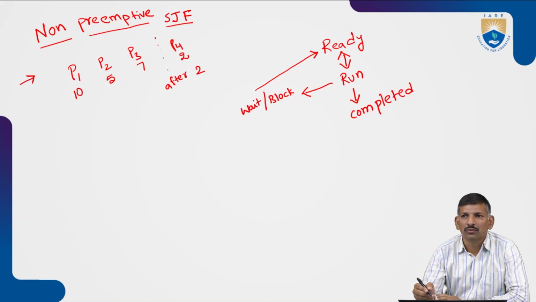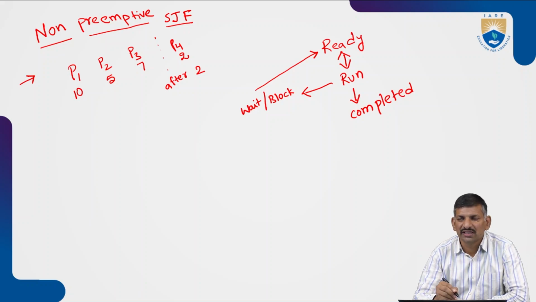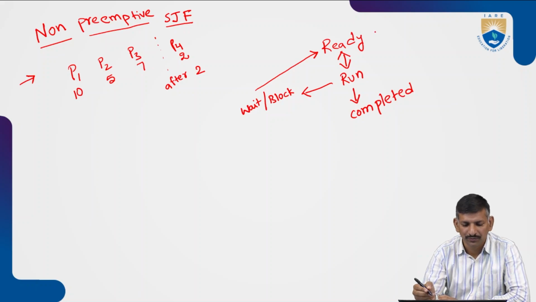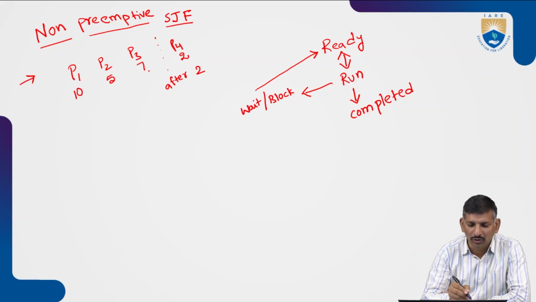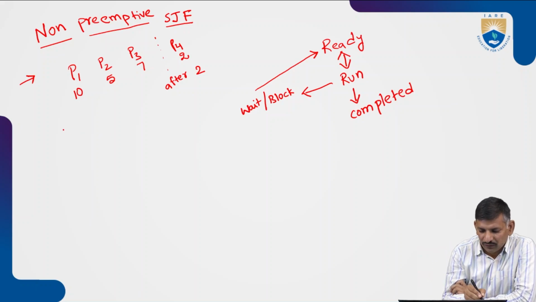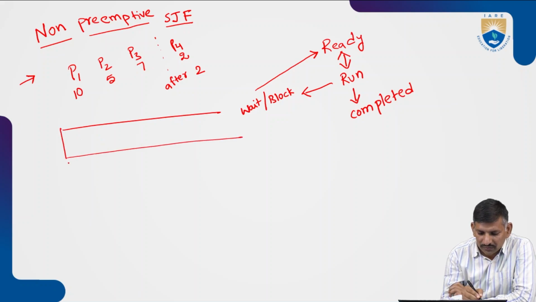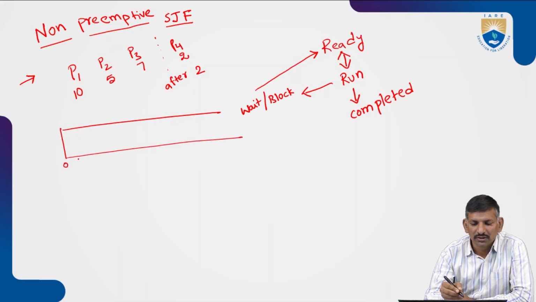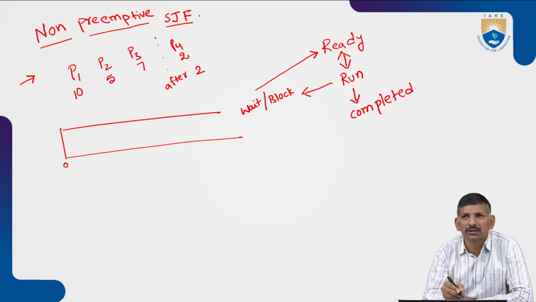At the time of 0, three processes P1, P2, P3 enter into the ready state, in the order first P1, next P2, next P3. If you draw the diagram, this is the non-preemptive shortest job first scheduling algorithm.